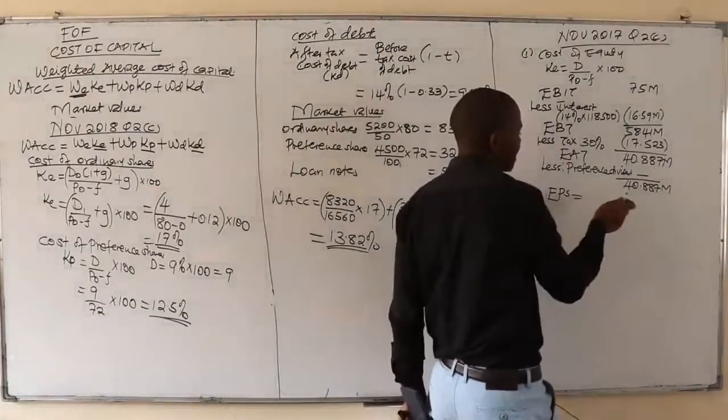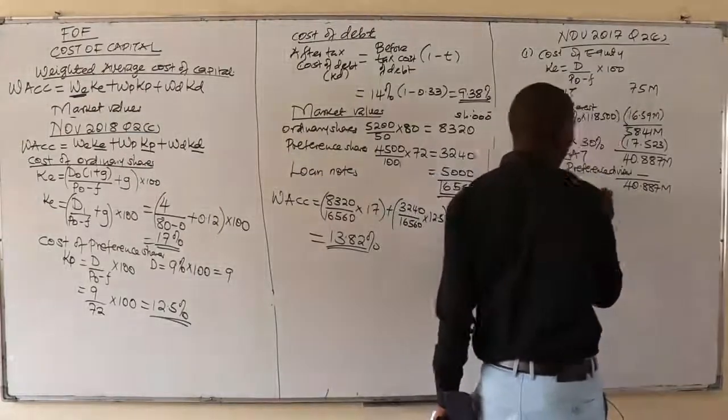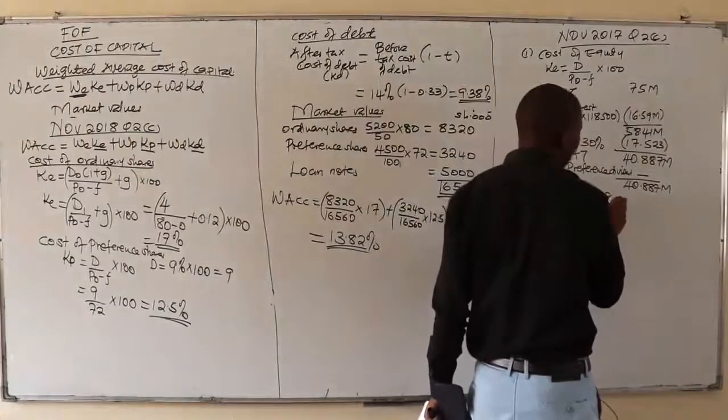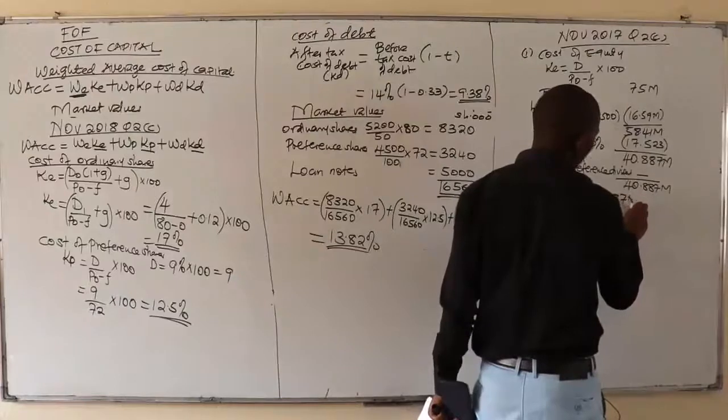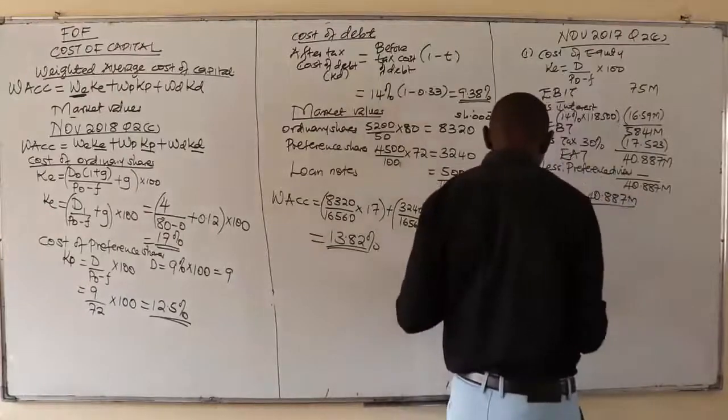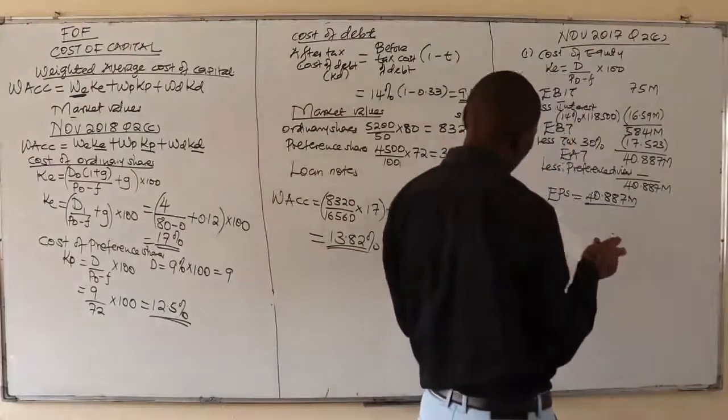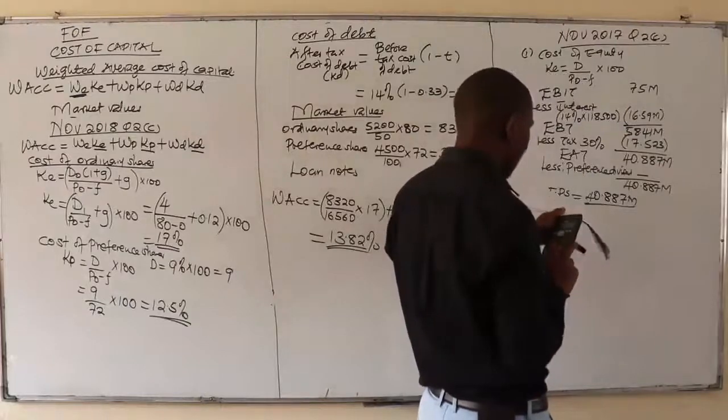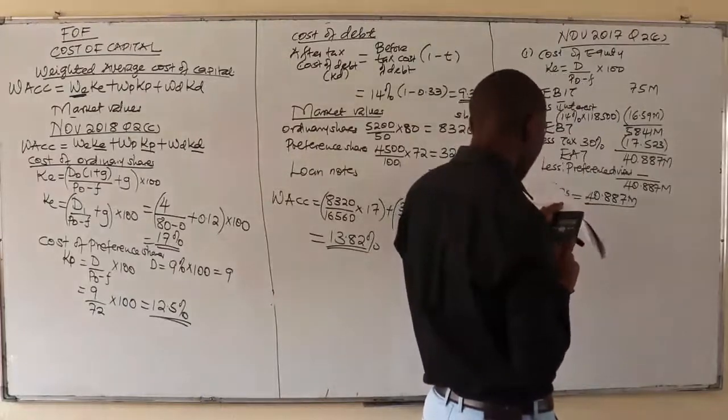And earning per share is the earning available to them, which is 48.87 million. You divide by the number of shares. And the number of shares in this case, it will be 62.5 million.